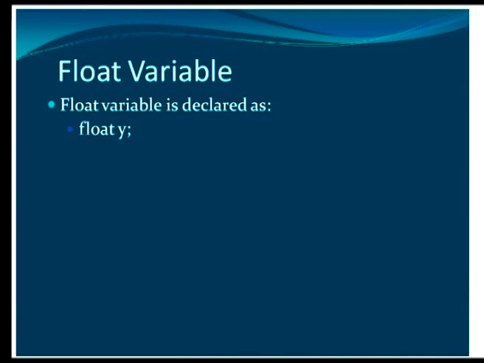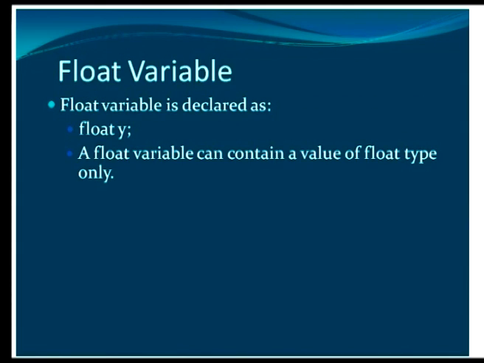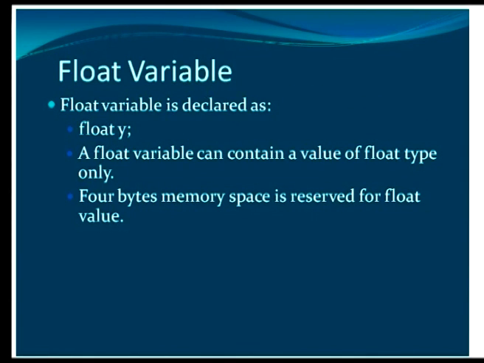By this statement, we instruct our compiler that we will use a variable with the name y, and this variable will contain a value of float type only. A float variable can contain a value of float type only, and for float type values 4 bytes of memory space are reserved.